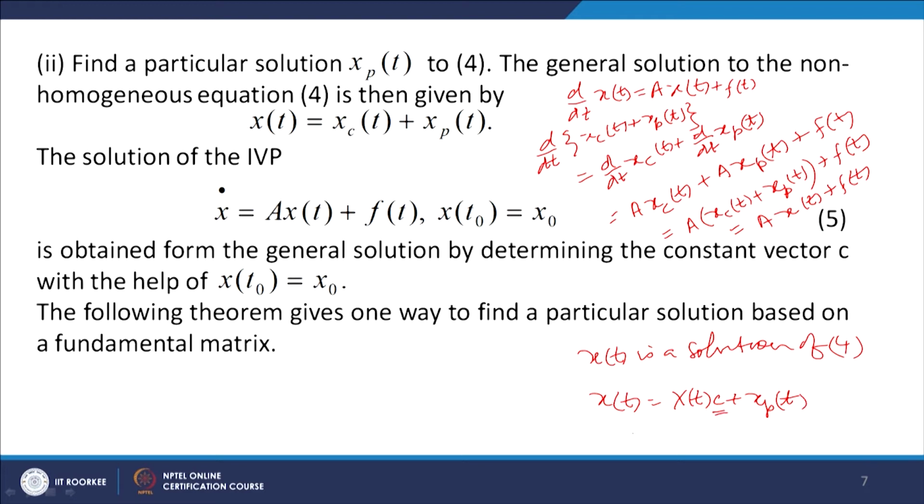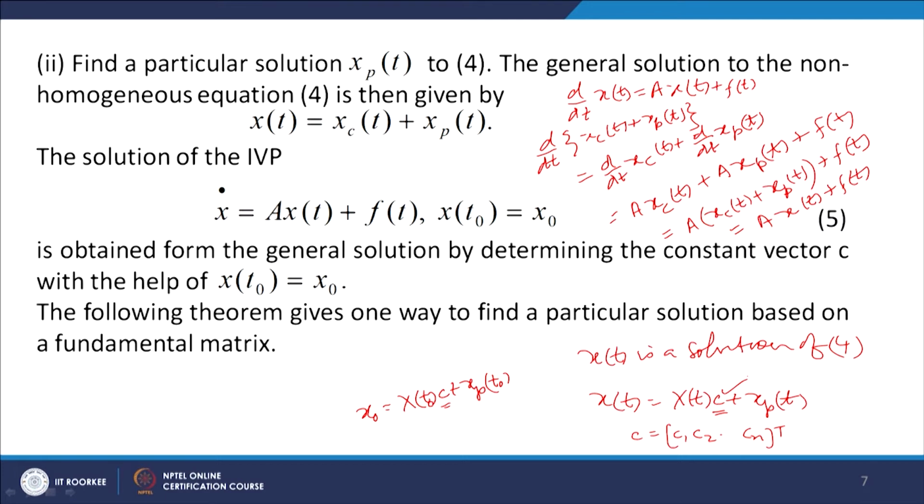This constant vector C, which we have taken as c1, c2, cn, is calculated by using the value of x(t) at t equal to t0. When you put t equal to t0 here, we get x0 equal to X(t0) C plus xp(t0). So, this C is calculated from here, and then we put the value of C in this solution x(t) equals X(t) C plus xp(t) to arrive at a particular solution of the initial value problem.